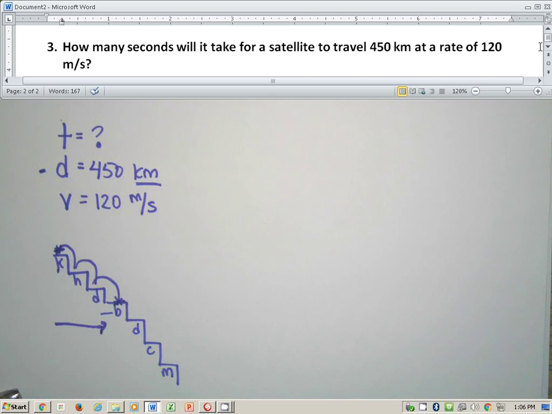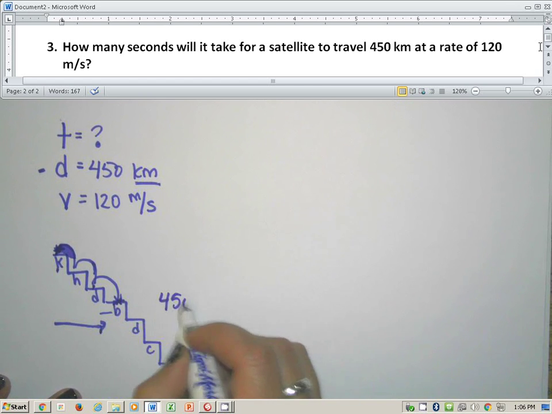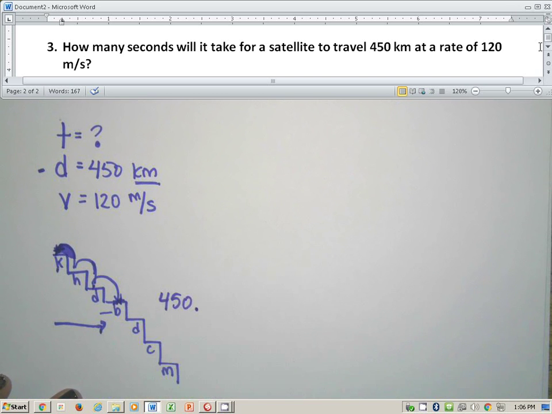What that tells you is you need to move your decimal 1 place for each stair you came down, and going to the right tells me which way to move it. So 450 has an understood decimal right at the end, after the 0. I need to go 3 spaces to the right, which means that 450 kilometers will be 450,000 meters.